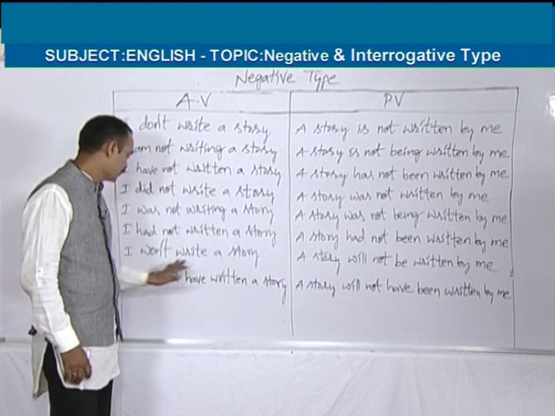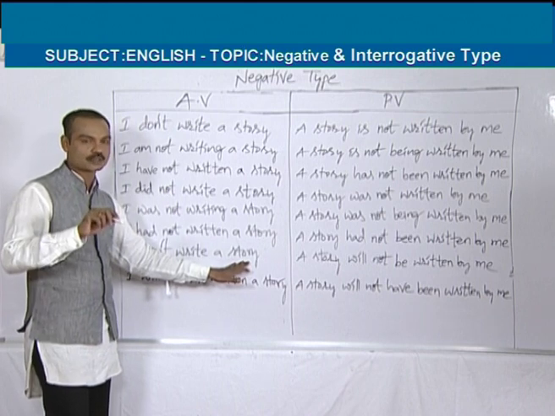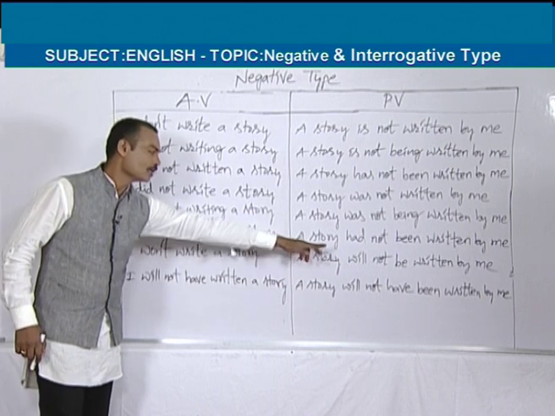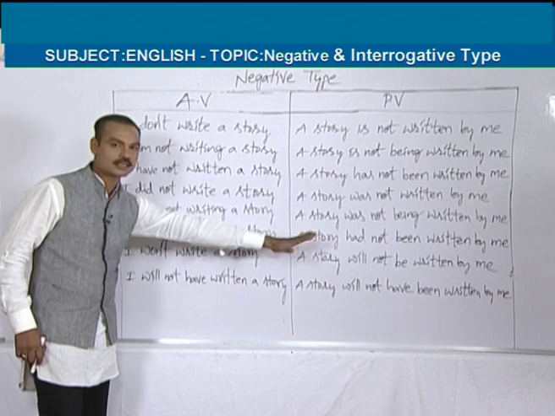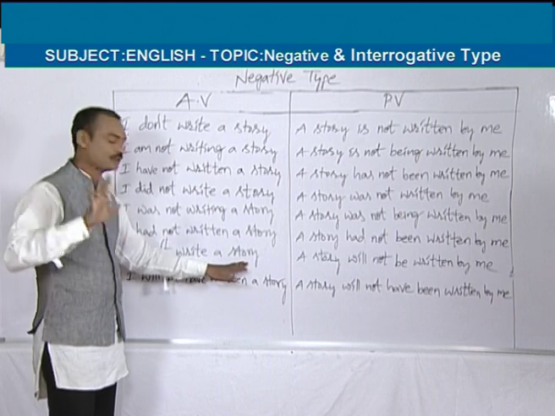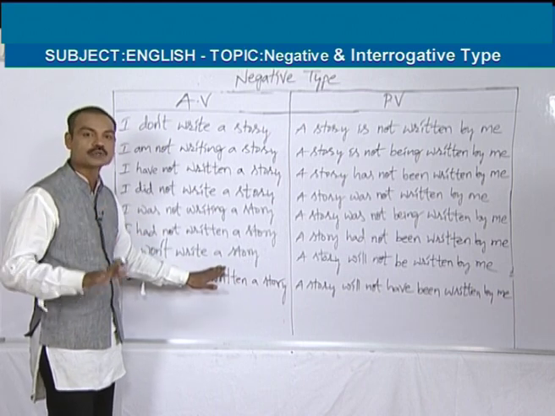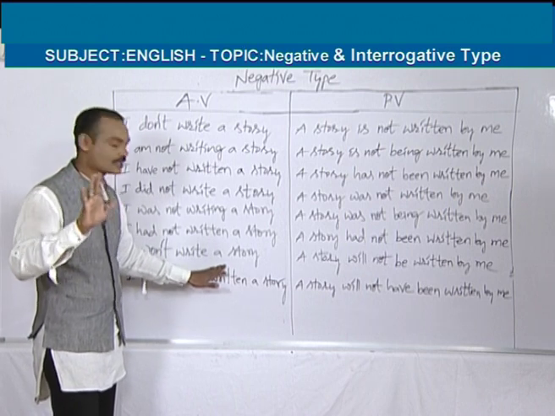For example, this sentence contains a singular object, story. So, a story will not be written by me, that is the answer. For example, let us see the same sentence with plural object. I won't write stories. A stories we should not say.